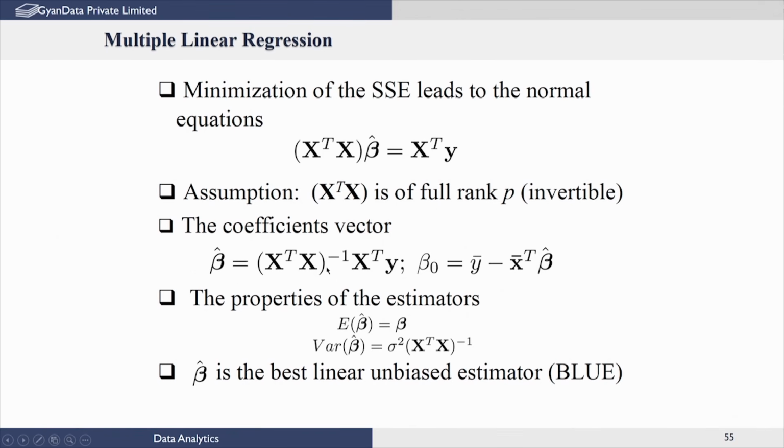In the multivariate case, division is represented by the inverse. So, you get X transpose X inverse times X transpose Y. So, you can see it is very similar to the solution for the univariate case, except that these are matrices and vectors, and therefore, you have to be careful. You can't simply divide, it is matrix times inverse times a vector. That is the solution for beta, which is slope parameters.